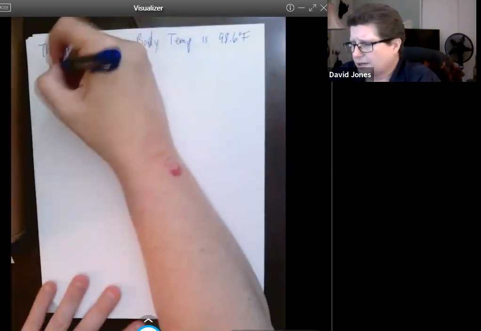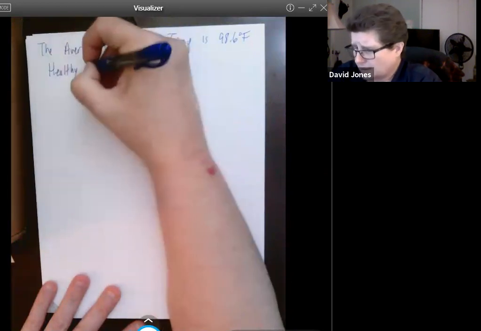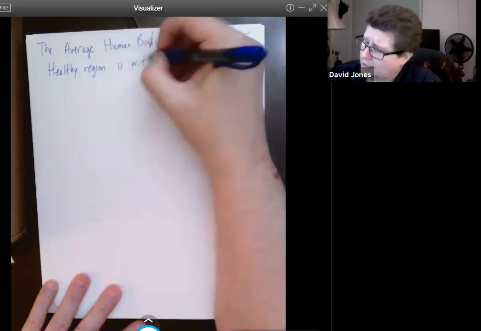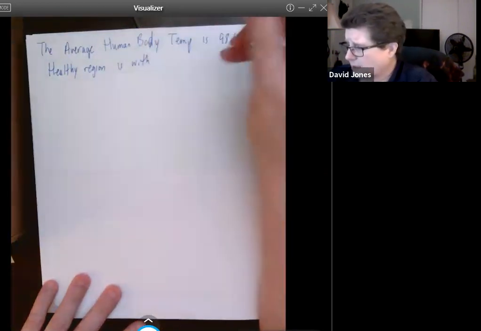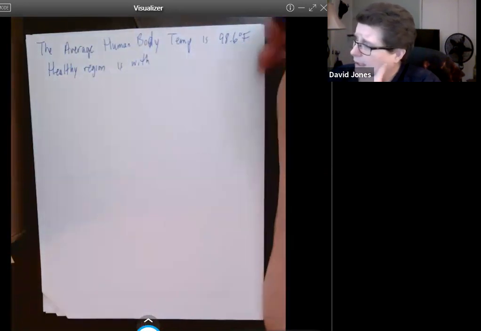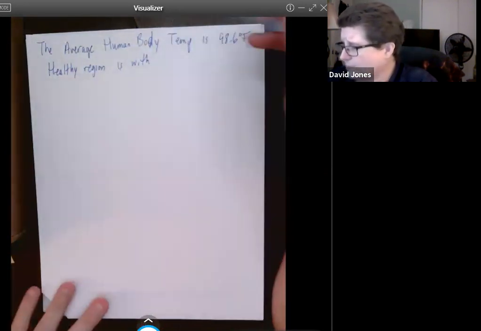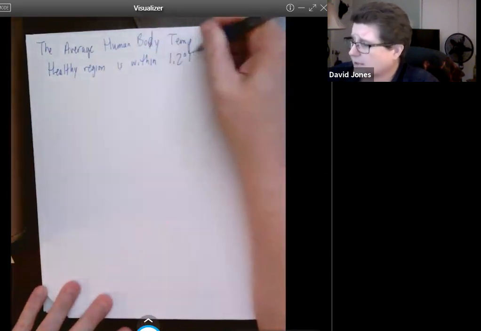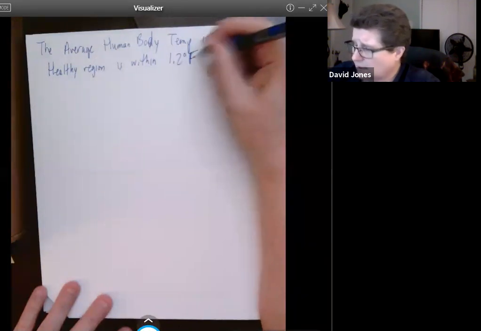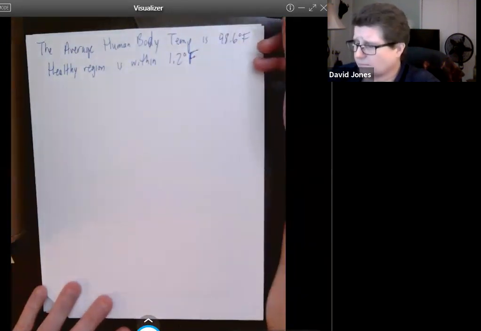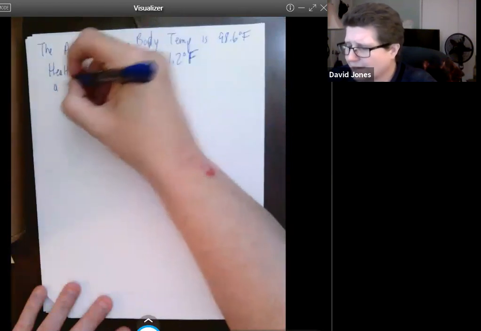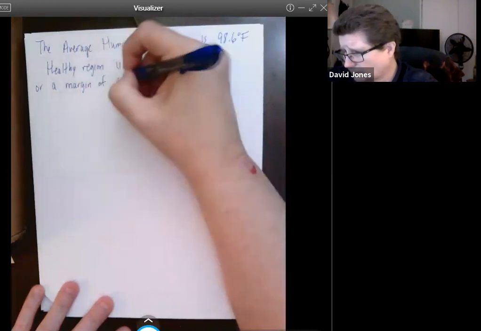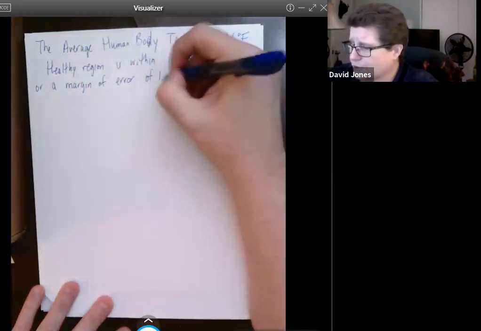And a healthy region around this is within, let's say, 1.2 degrees Fahrenheit, or a margin of error of 1.2 degrees.